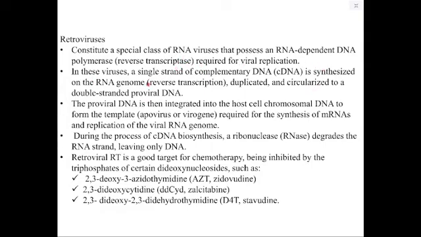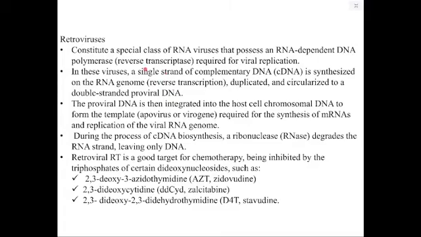In these viruses, remember, they don't go directly into the nucleus, they are within the cytoplasm of the host cells. And in these viruses, a single strand of complementary DNA is synthesized on the RNA genome by reverse transcriptase, duplicated, and circularized to a double strand proviral DNA.